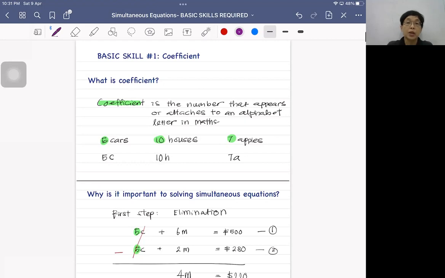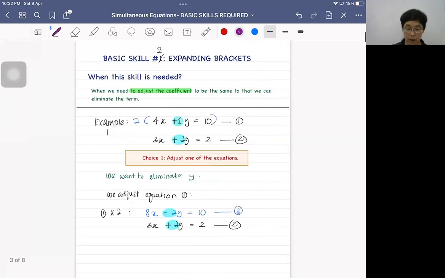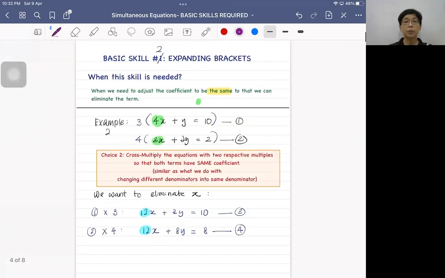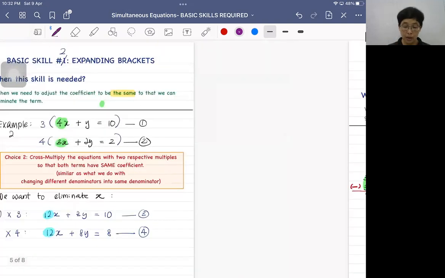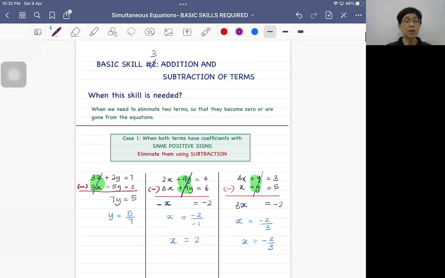Sometimes when you are lucky, you're presented with equations that already have the same coefficient, then you don't need to do adjustment. But if the coefficients are different, then you need to practice basic skill number 2, that is either adjust one of the equations by multiplying it so that they become the same, or you can cross multiply both of them so that they are both adjusted to the same. Then basic skill number 3 is, once you get the same coefficient, how would you eliminate them?